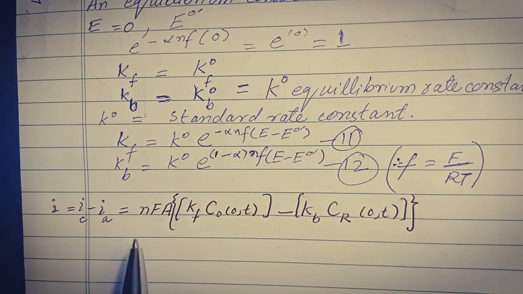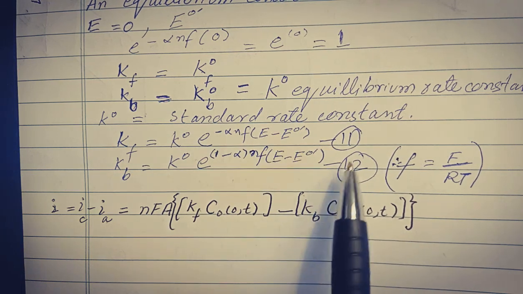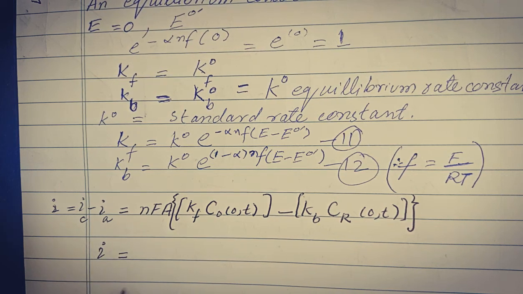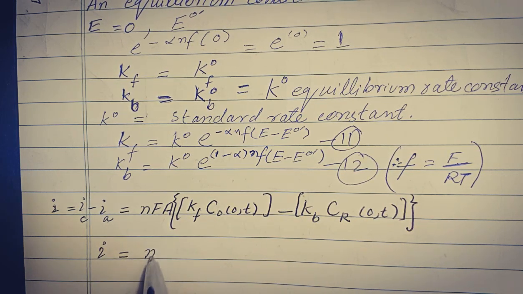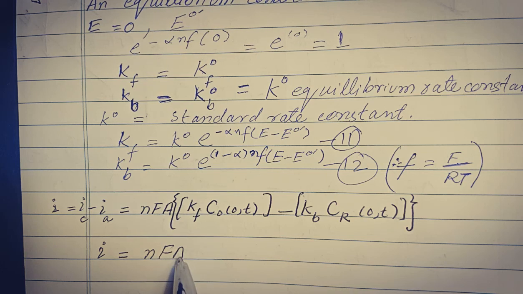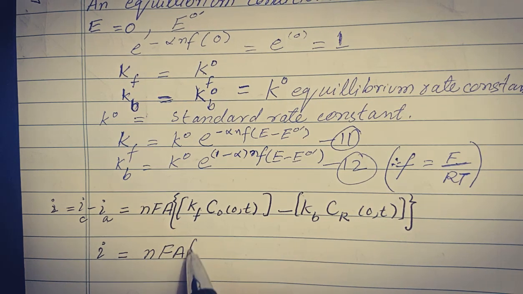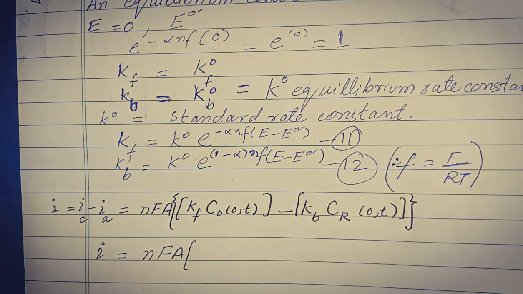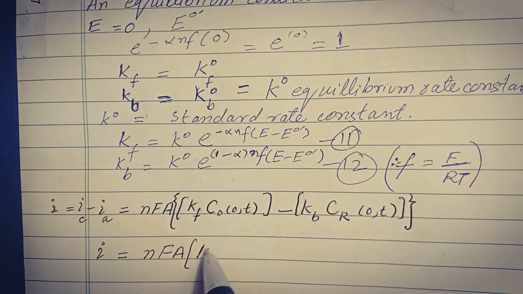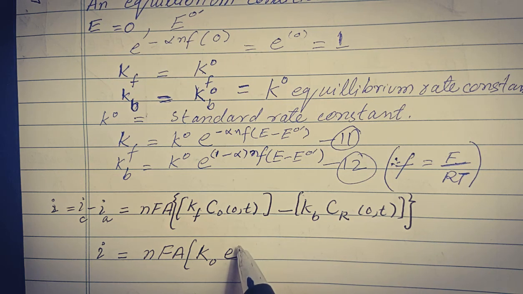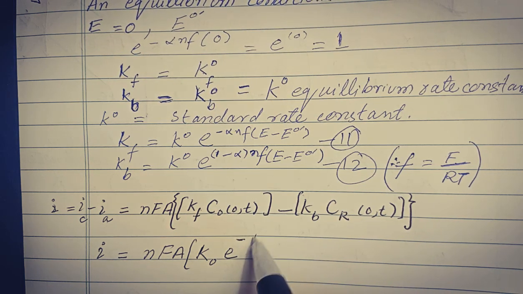So by comparing this equation with equations 11 and 12, we get another expression: the current generated at the electrode is equal to the equilibrium rate constant and applied potential.